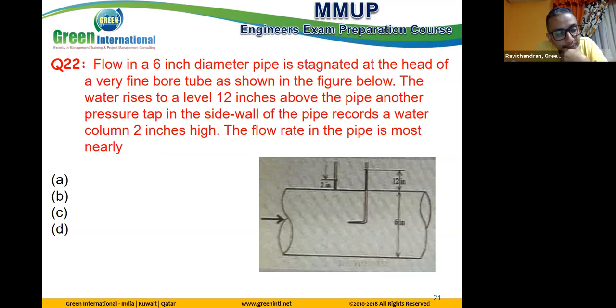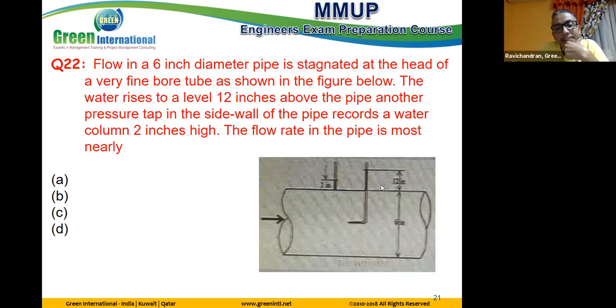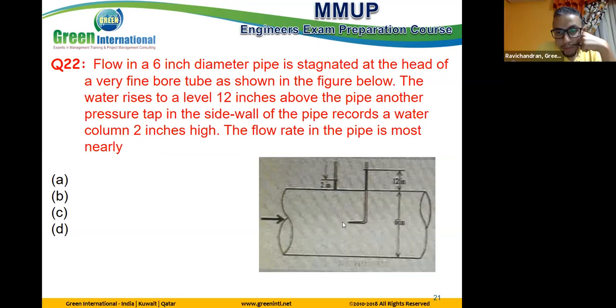Is it because velocity is proportional to the head? Both measure the same point here. This refers to this point, and this refers to this point.